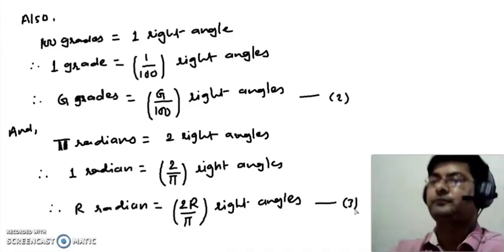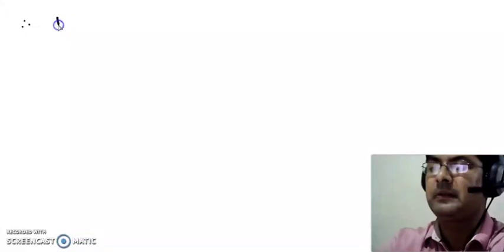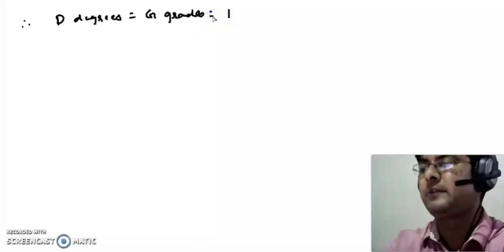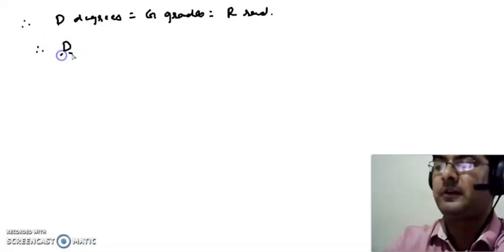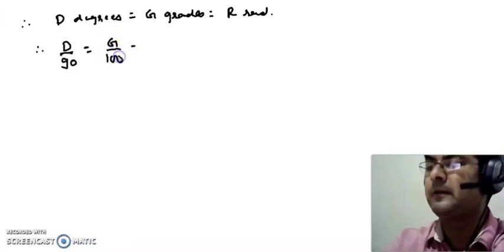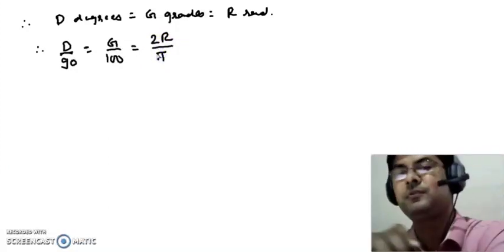Therefore, it is given that D degrees is equal to G grades is equal to R radians, and therefore D by 90, if you remove right angles from each ratio, is equal to G upon 100 is equal to 2R by pi. Thus we arrive at the relation.